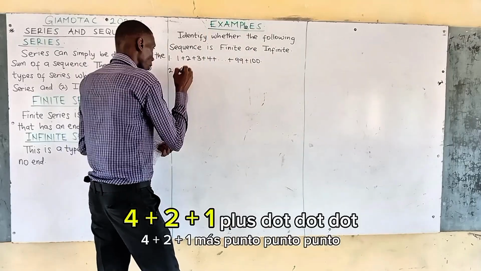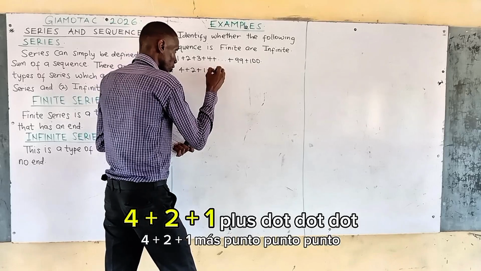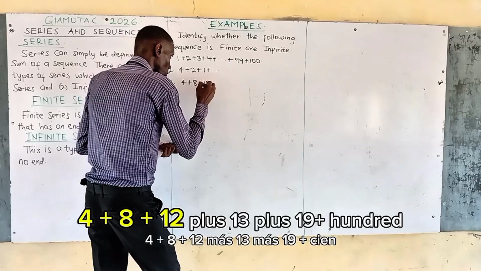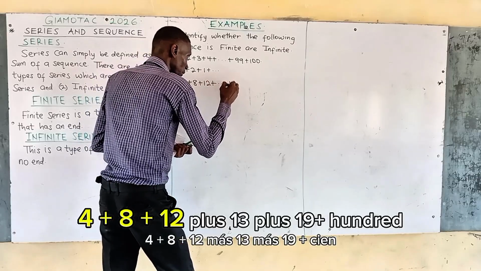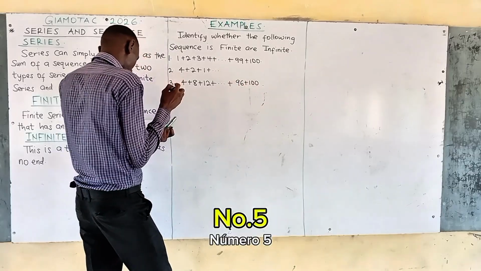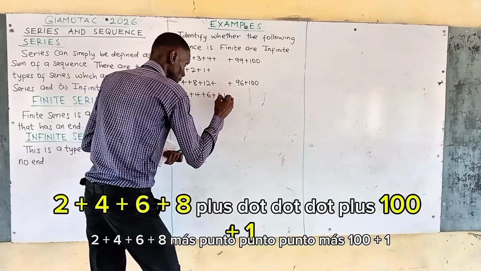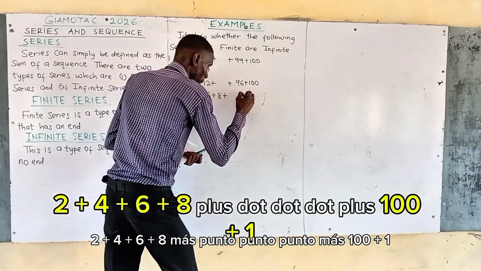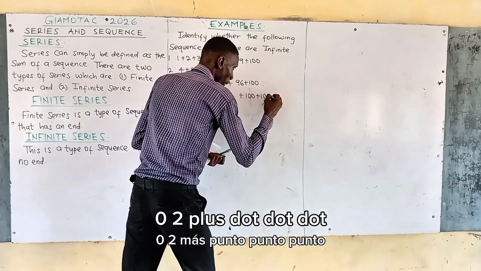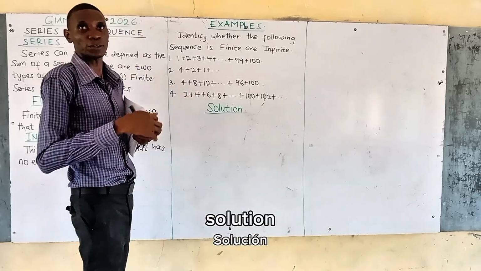Number 2, 4 plus 2 plus 1 plus ... Number 3, 4 plus 8 plus 12 plus ... plus 96 plus 100. Number 4, 2 plus 4 plus 6 plus 8 plus ... plus 100 plus 102 plus ... So let's quickly see this, number 4, sorry.